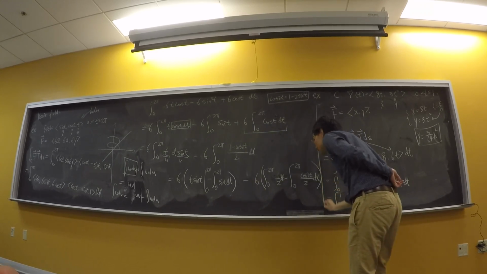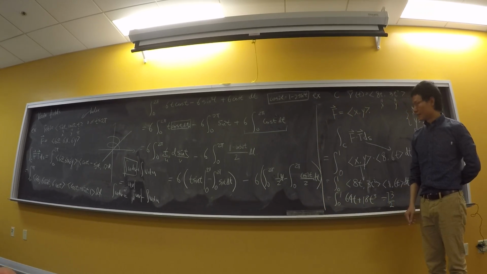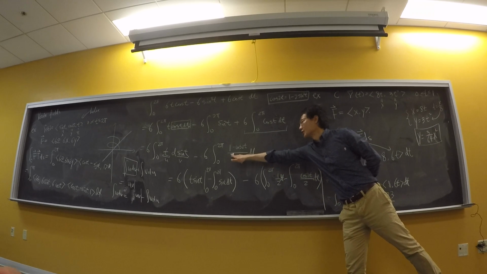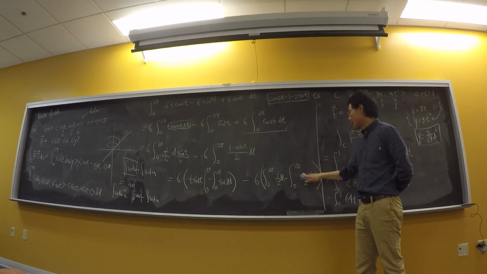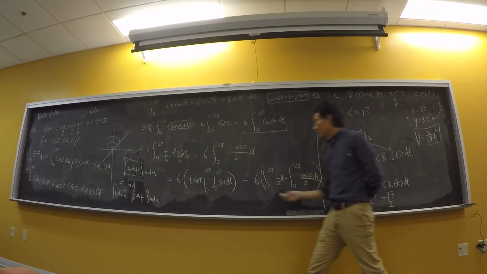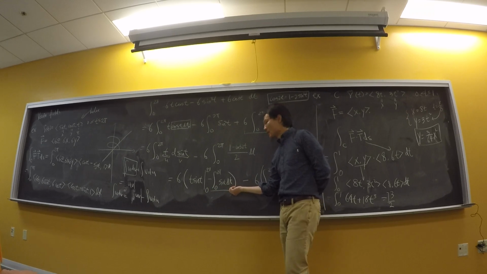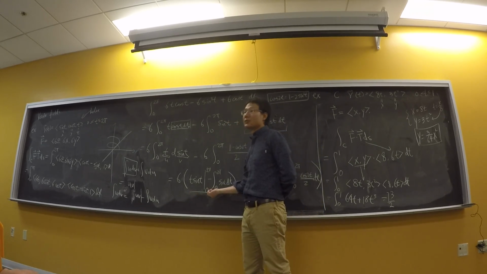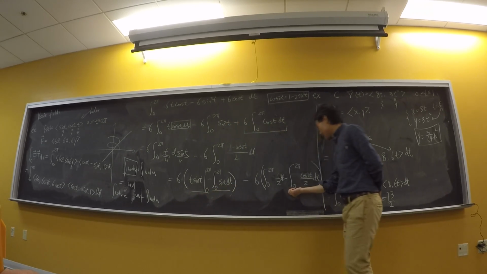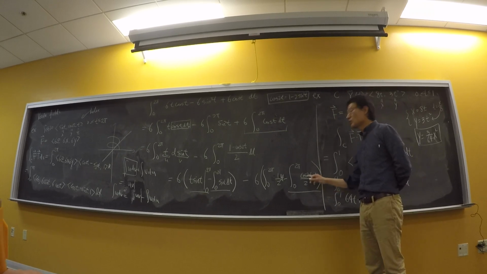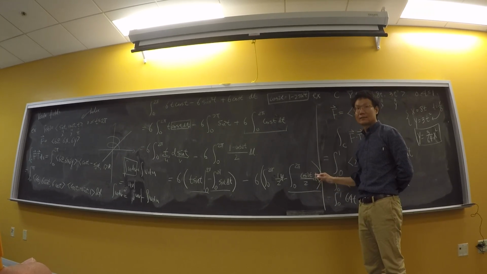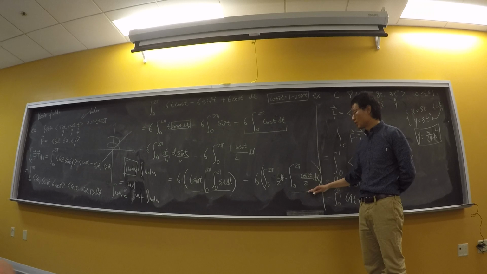I'm simply breaking this down into 1/2 minus half of cosine 2t. This guy is equal to 0. This is also equal to 0. This is also equal to 0. Cosine 2t has period pi. Essentially, you're taking this integral over 2 periods, so this is still equal to 0.